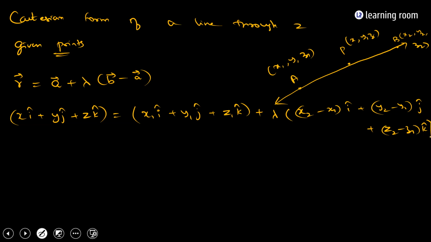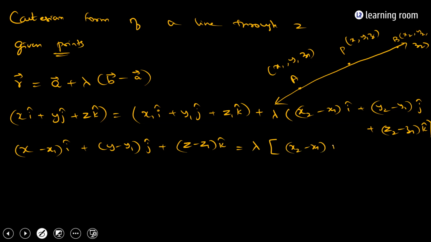Right. Now I will take this vector to the left hand side, then I'll get x minus x1 times i cap plus y minus y1 times j cap plus z minus z1 times k cap is equal to lambda into x2 minus x1 i cap plus y2 minus y1 j cap plus z2 minus z1 k cap.